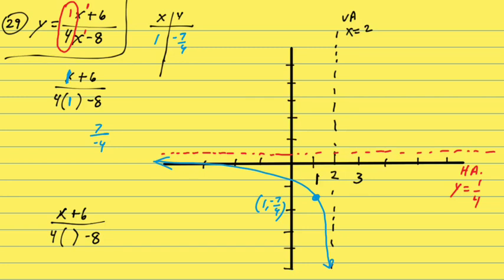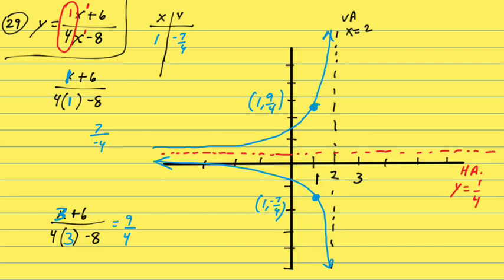What happens if you put in a 3 for the x's? Well, I think you get 9 over, what's 12 minus 8? 4. So if you put in a 3, you get 9/4, which is 2 1/4. So 3 gave me 9/4, and I know it had to curve from asymptote to asymptote.